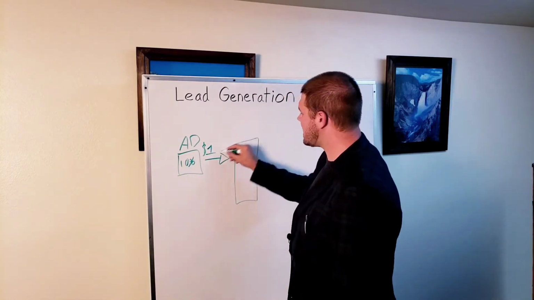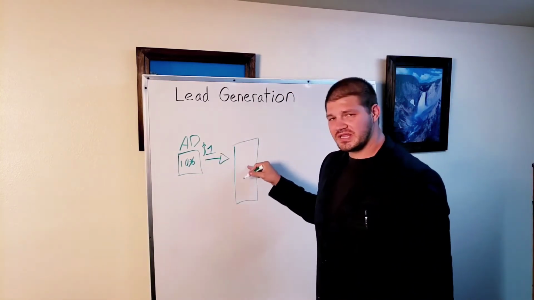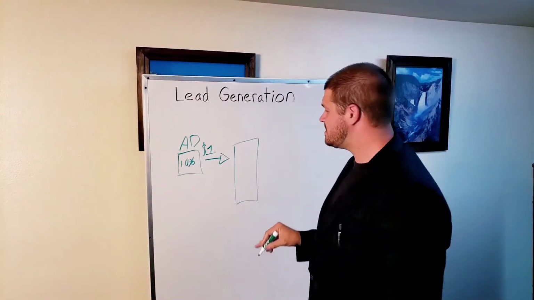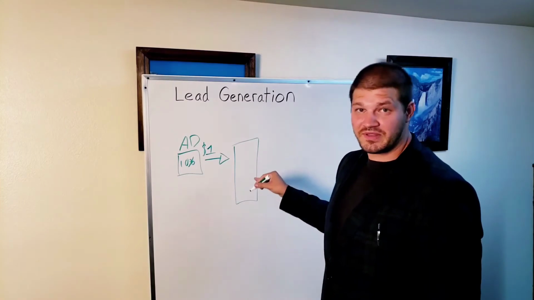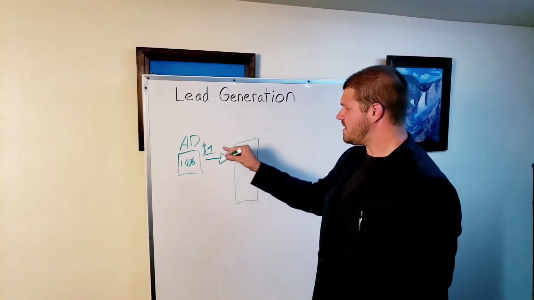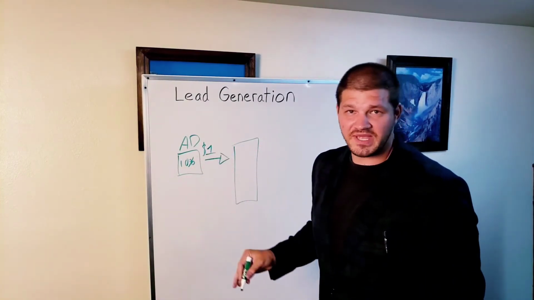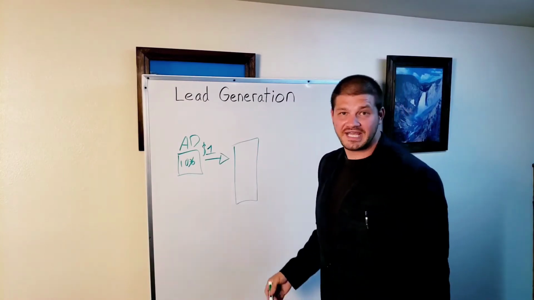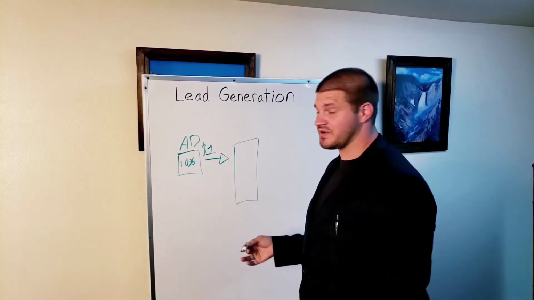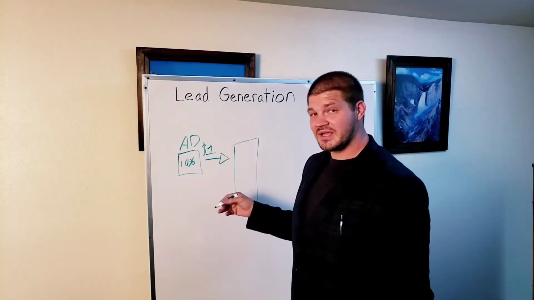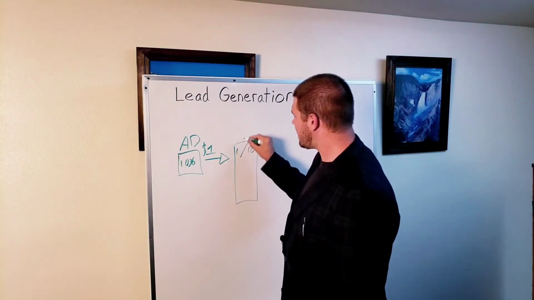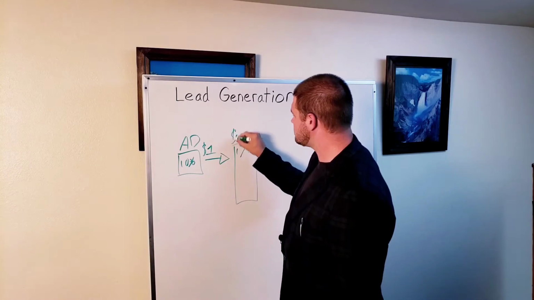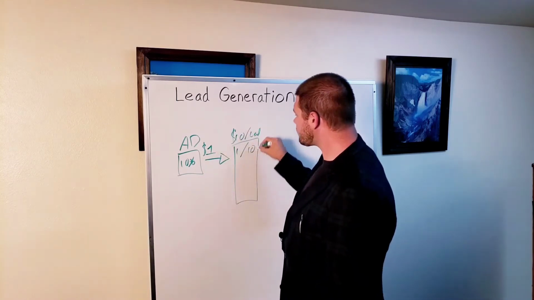Everyone that clicks on this ad is going to be sent to a lead capture page. Not everyone that views the page is going to input their information, right? So if we send 10 people to the page, maybe only 1 out of 10 is going to actually submit their information, right? Meaning that we have 1 out of 10, and that's going to cost $10 per lead.